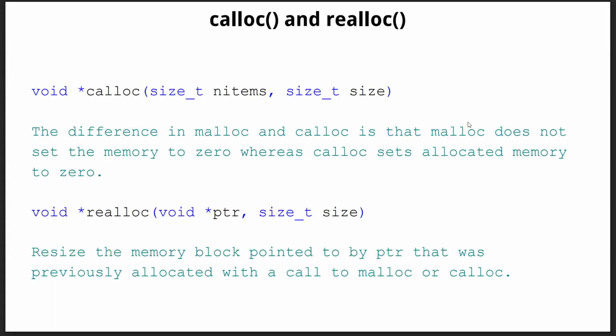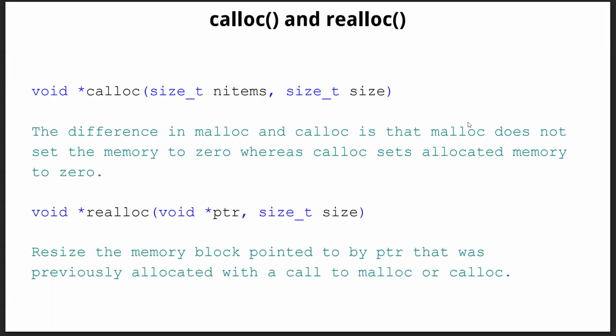I don't know why they chose this interface, but technically it's the same as malloc, how many bytes you want. The real difference between calloc and malloc is that malloc doesn't set the memory to 0. It will only give you a piece of memory, a piece of buffer. Calloc will memset that to 0, initialize that to 0. That's it. Technically you can do a malloc and manually set that to 0 by yourself.